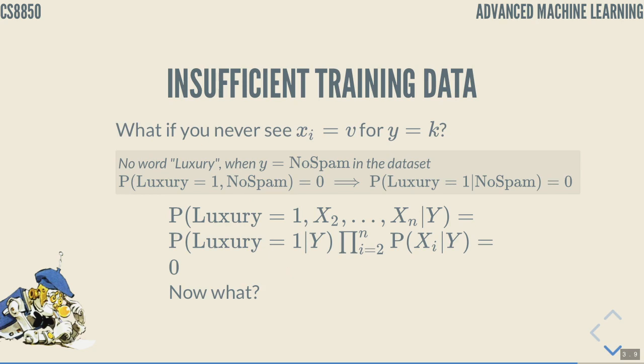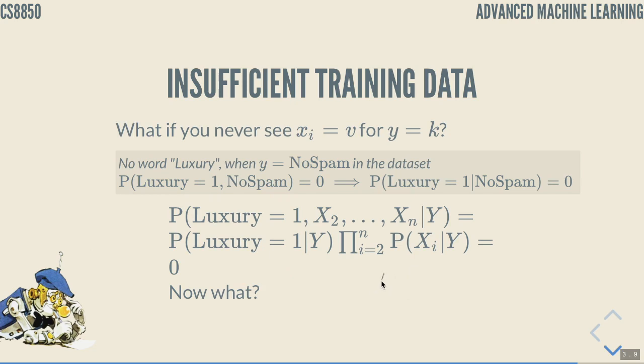Well, there are a few ways to address that, and one way is called Laplacian smoothing. Basically, when we do the counts, we artificially add 1 for each possible feature combination, for all of the possible feature values given a class. So even if we don't see this in our training data set, we still add 1 to the count.